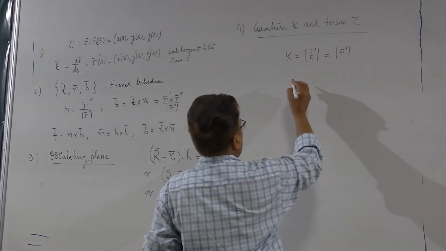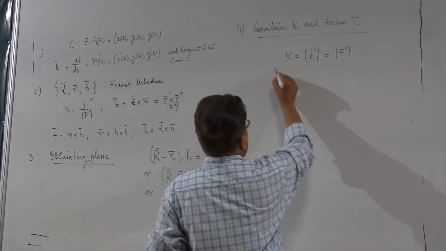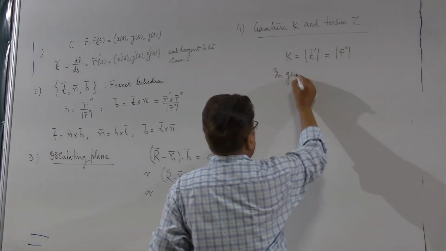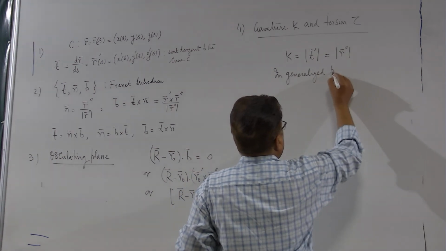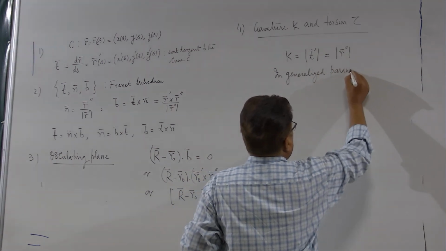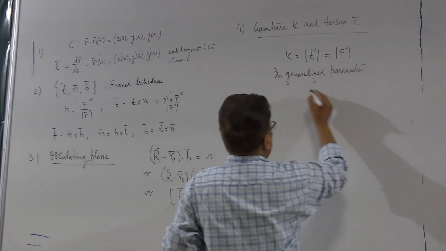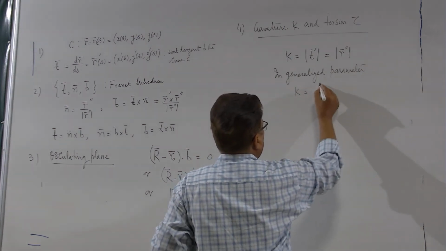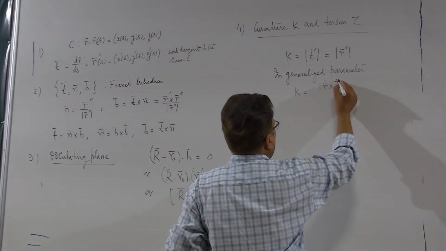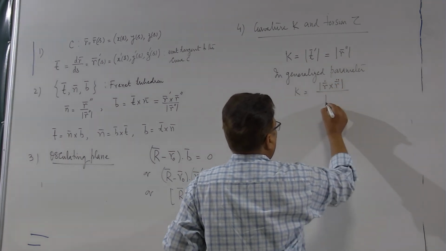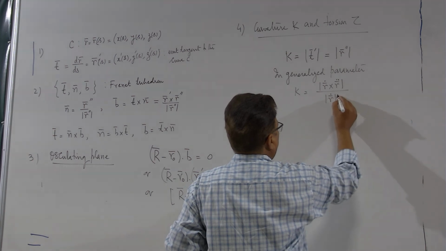In generalized parameter, the curvature K is given by the formula mod of r dot cross r double dot upon mod r dot cube.